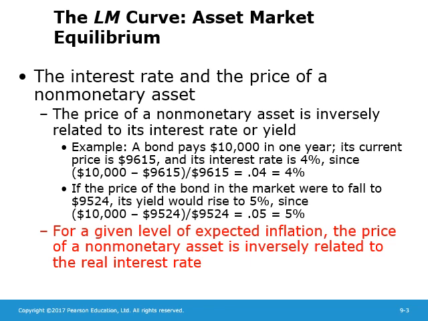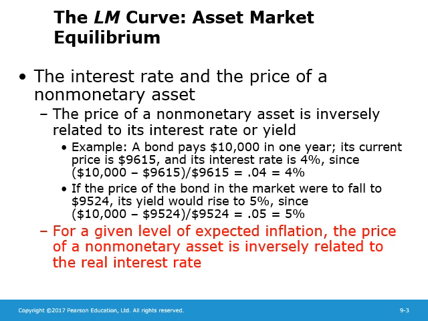For example, a bond pays $10,000 in 1 year. Its current price is $9,615, and its interest rate is 4%. Why is it 4%? Because when you calculate it, it's 10,000, the price you will get when the bond matures, minus the price that you are paying. This is a discount bond that you buy. If you know this from your money and banking course, you're buying it at a lower price than the price you get at maturity of the bond.